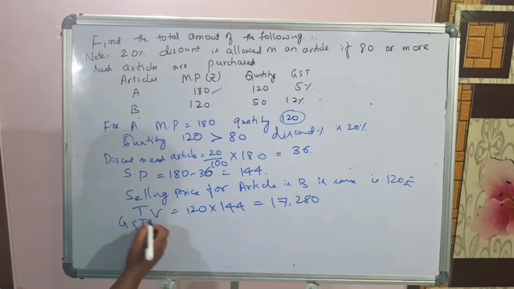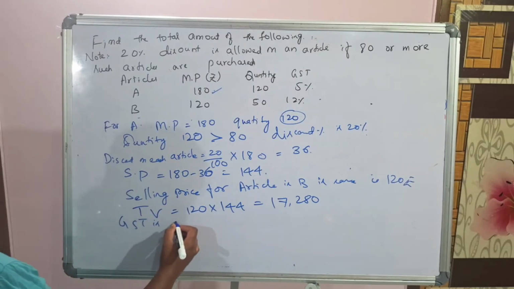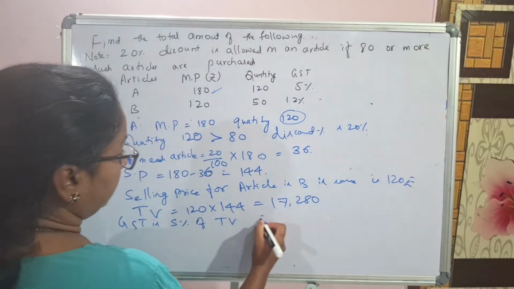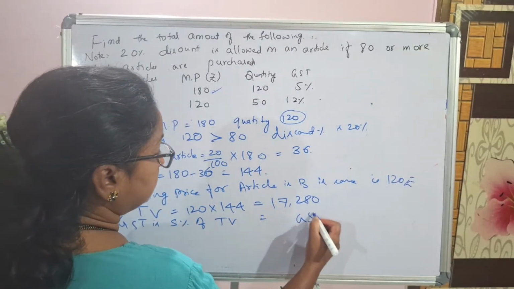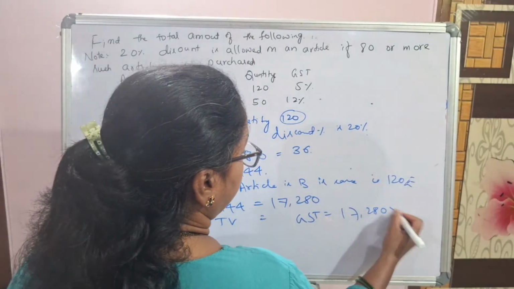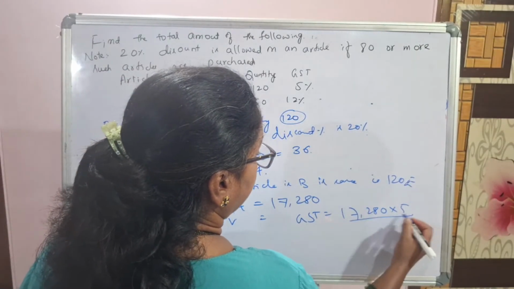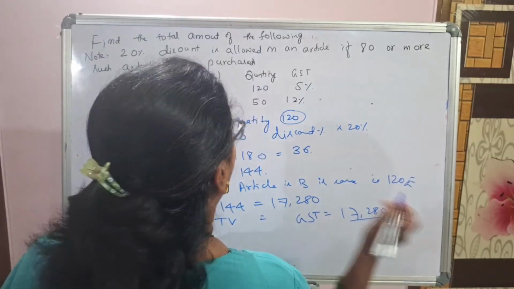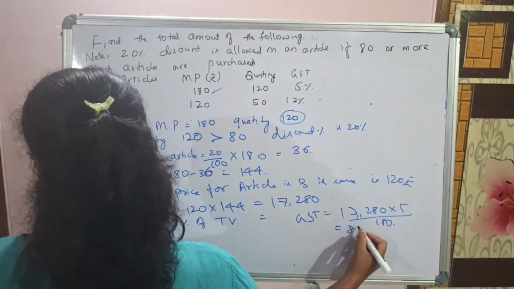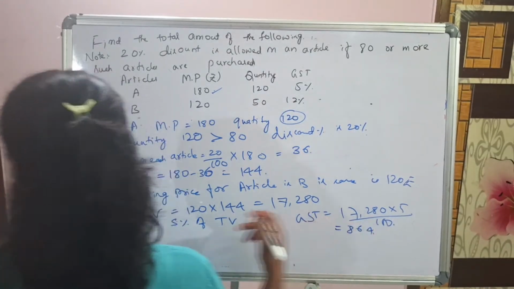So GST is 5% of total value, which is equal to 17,280 into 5 divided by 100, which is equal to 864.